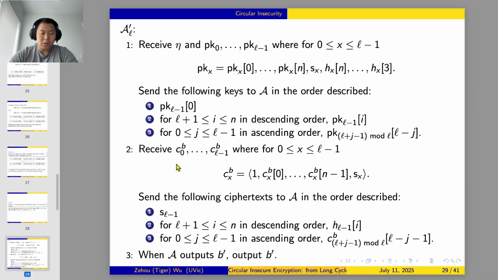And then once it receives the ciphertext, it would also parse it into the form that it expects. And then it sends the following parts from the ciphertext to A, which is L-1 and some values of H and some values of the ciphertext.